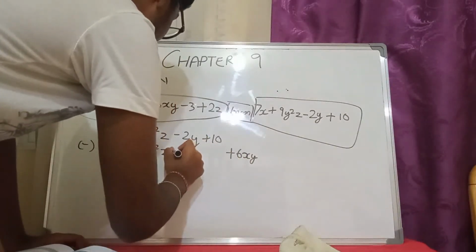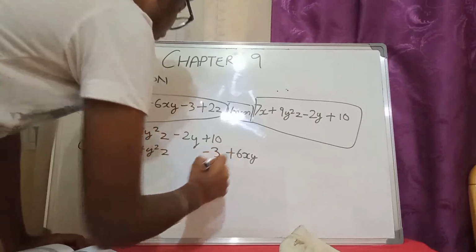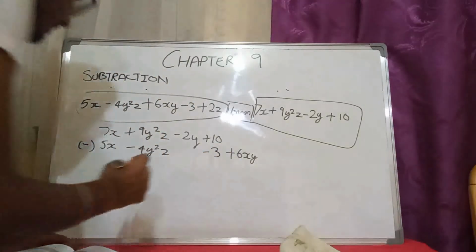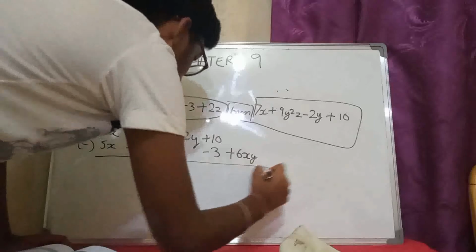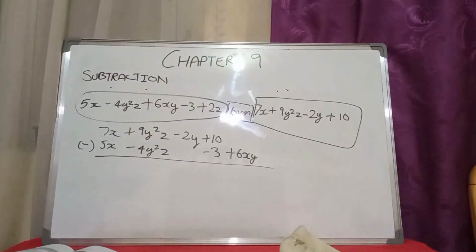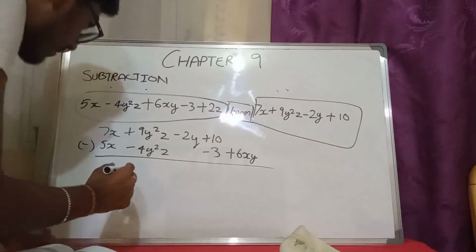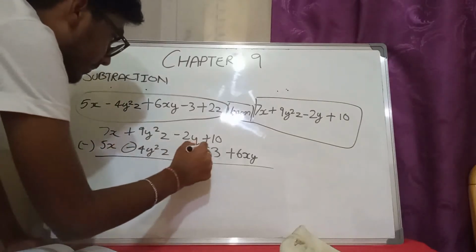This will be minus 3 here, and there is no other term present. Now as we can see minus here, according to the subtraction we have to follow additive inverse. So that means now we have to change these values.